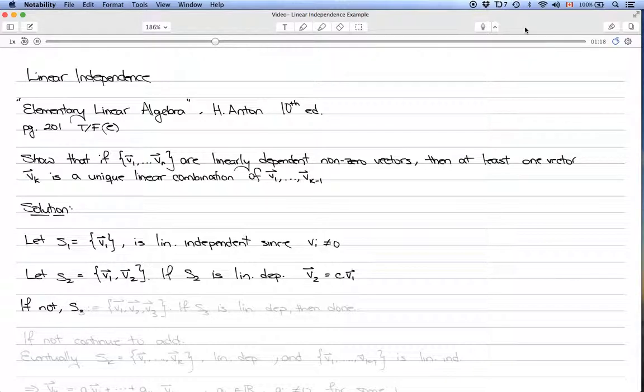So we let S3 be the set of V1, V2, V3. And again, if S3 is linearly dependent, then we're done for the same reasons. Again, if not, we continue to add to the set.